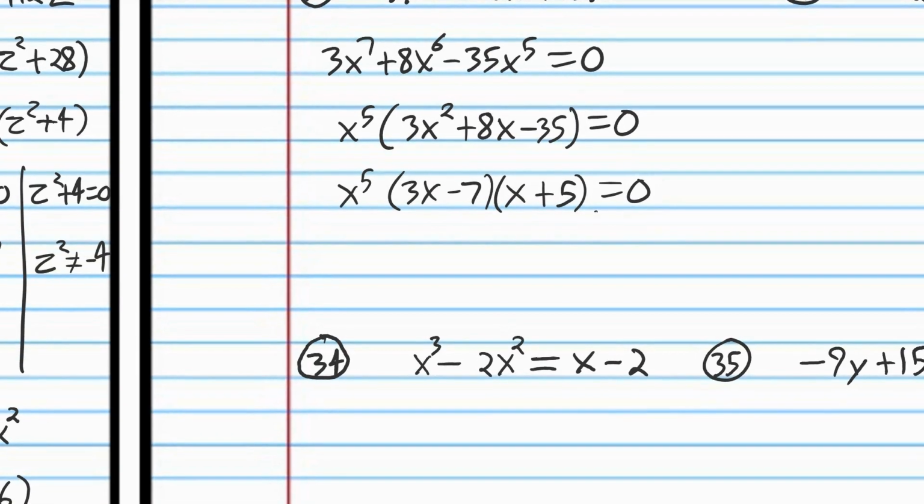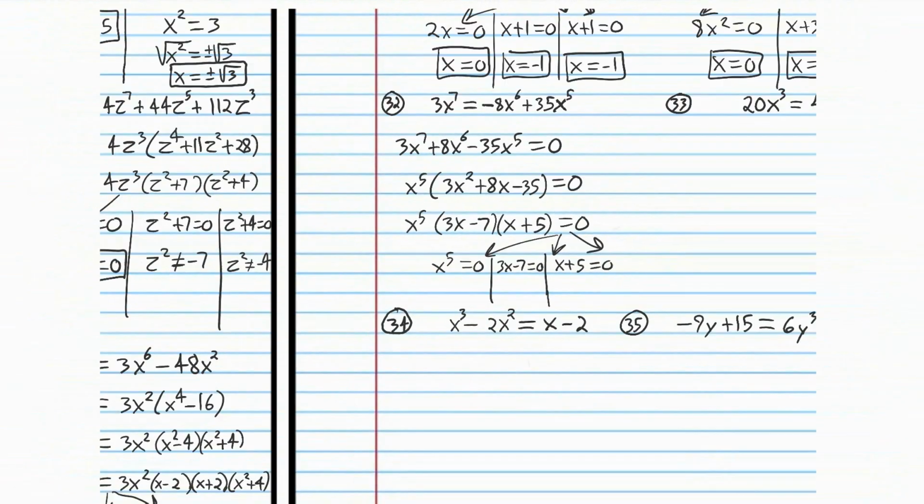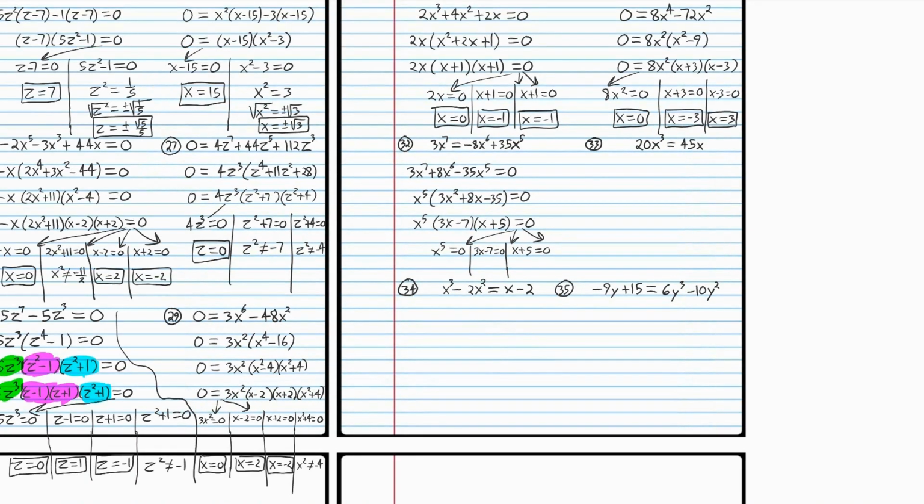So now, just like usual, we break it up into the different equations. Kind of running out of room here, so I'm going to move that down a little bit.